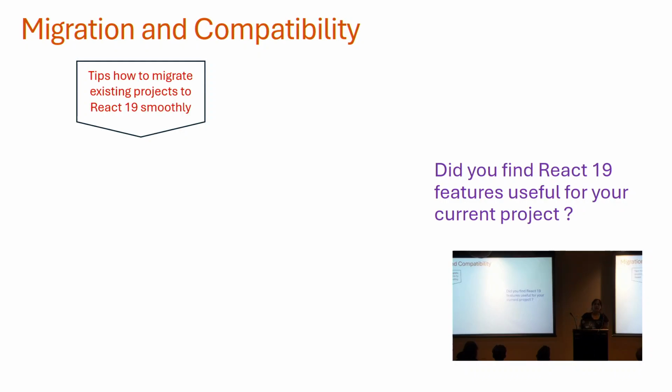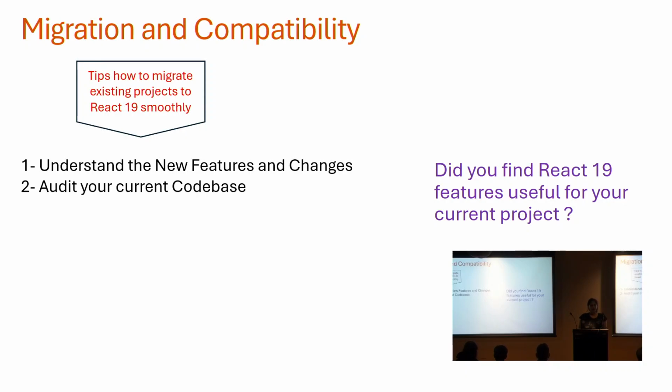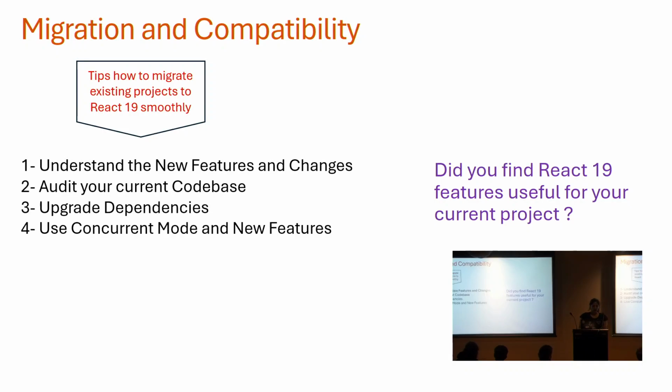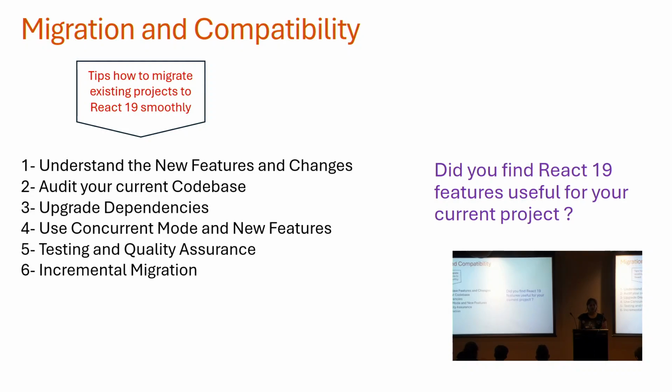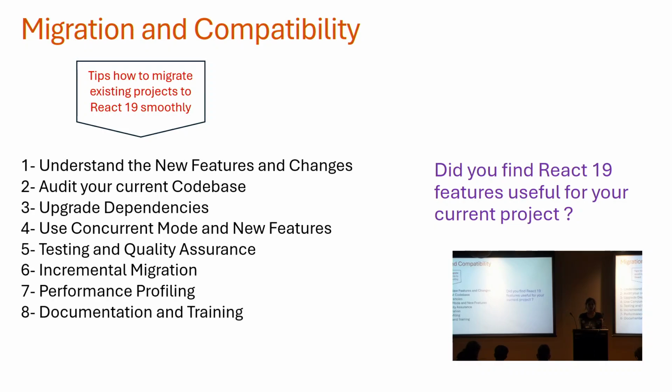which hopefully can help. First, you need to understand the changes and how you want to use them. Second, you need to change the current code base, upgrade the dependency to React 19, and use the new features and concurrent mode. Then testing and quality assurance, which is obvious you need to do, incremental migration, performance profiling, documentation and training.